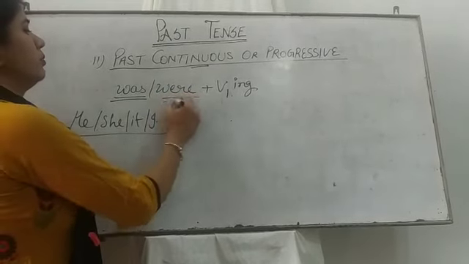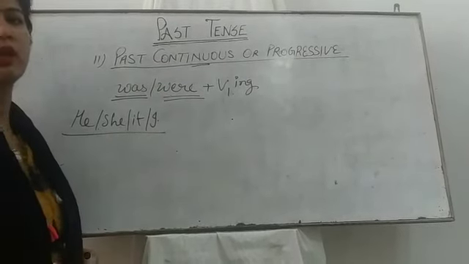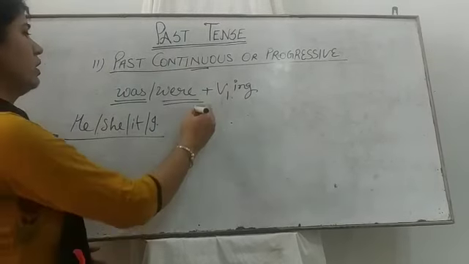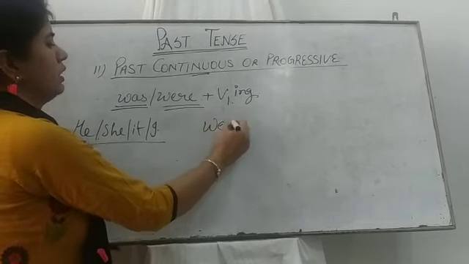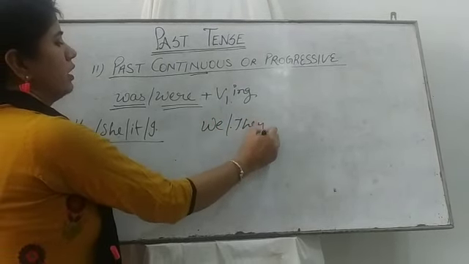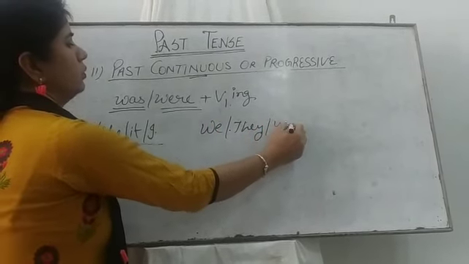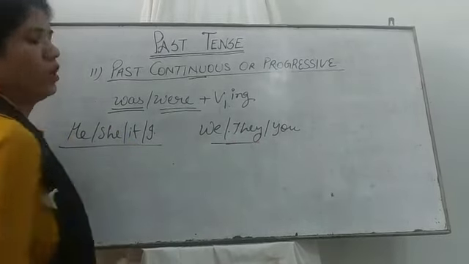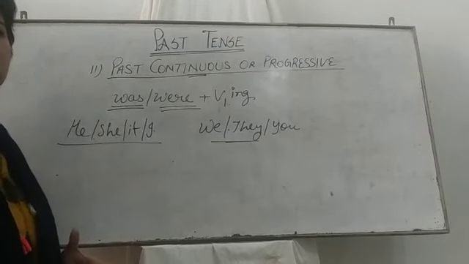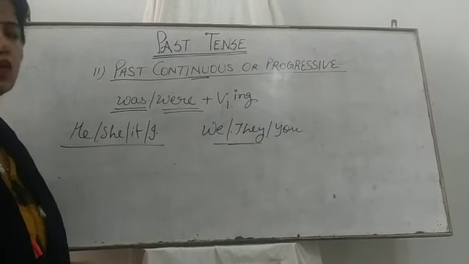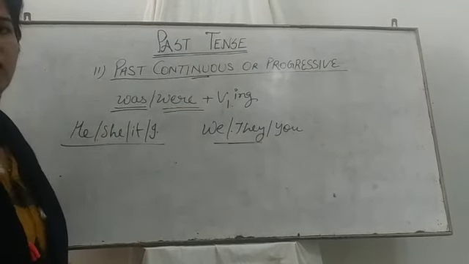And the plural helping verb were is used with plural subjects like we, they and you, along with plural nouns, boys, girls, schools, students, etc.